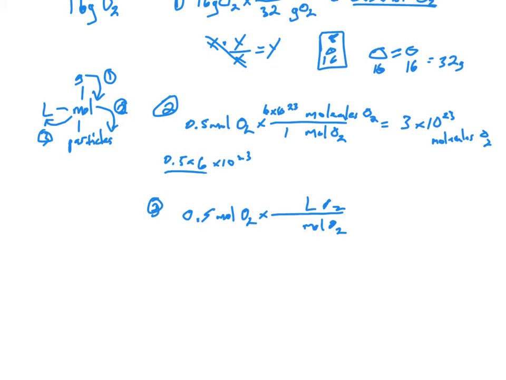And we know from our molar roadmap that 1 mole of any gas at STP is equal to 22.4 liters. So now I can do the math, cancel off my units, and so 0.5 times 22.4 is just half of 22.4, which is 11.2 liters of O2 gas. Okay, and now we've just converted 16 grams of oxygen gas into moles, particles, and liters.